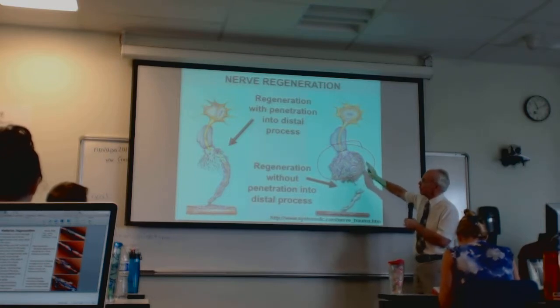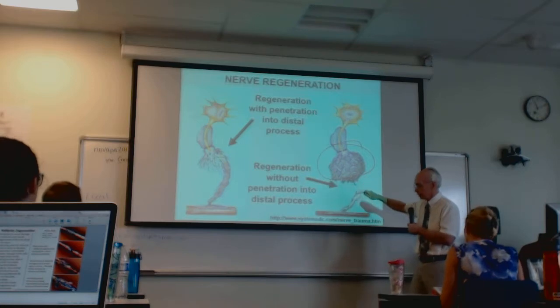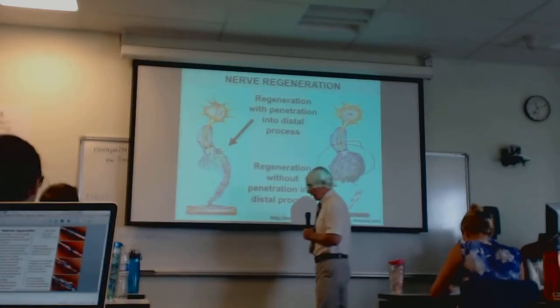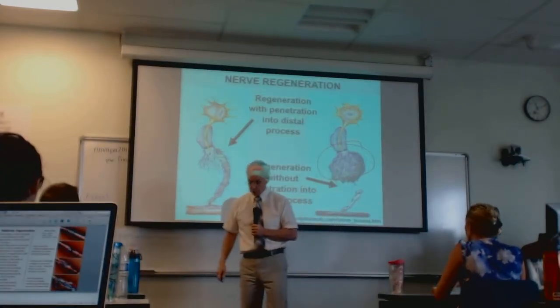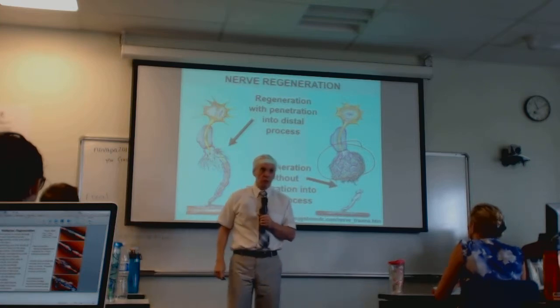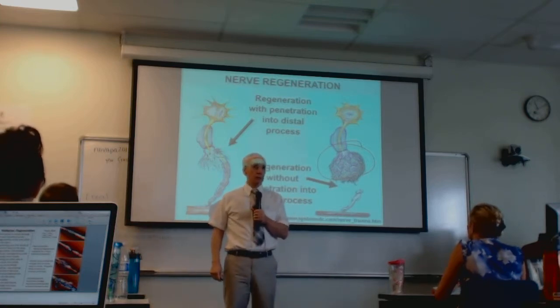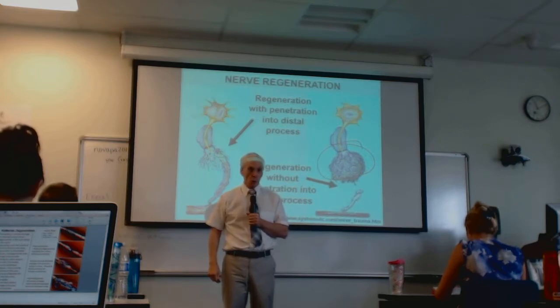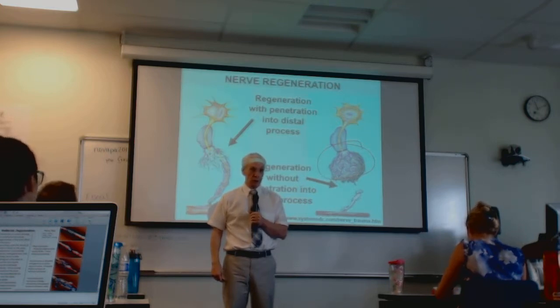But in any case, the only thing I want you to be aware of is that if a motor, well, the afferent's a little bit different, but if a motor neuron is severed, that long cytoplasmic extension is severed, Wallerian degeneration will follow. That begins with deterioration, destruction, necrosis of the distal segment.